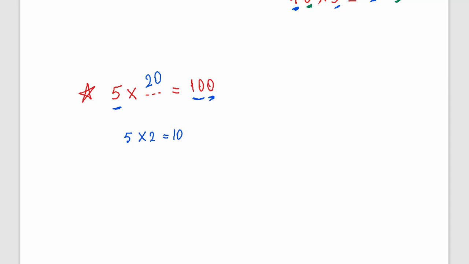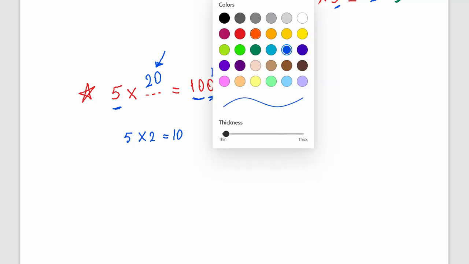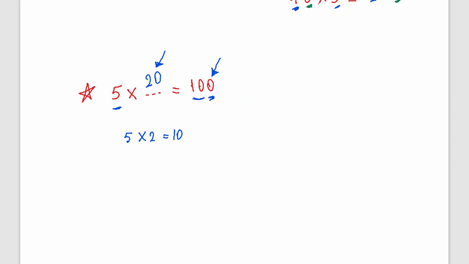I will use this because I have one extra 0 in the answer. So I will add this extra 0 to the 2. It will be 20. Okay, this time I will write another question the same as this one. And this time I will choose, do not say your names.